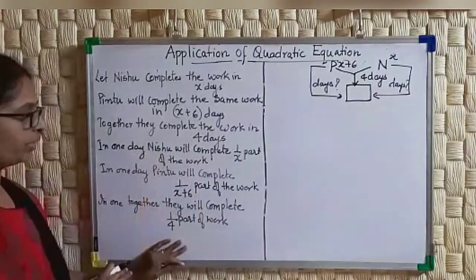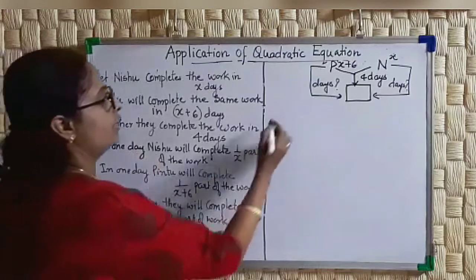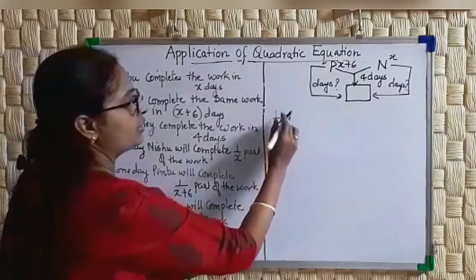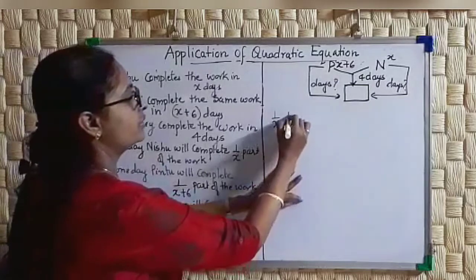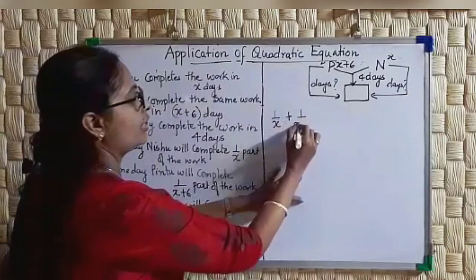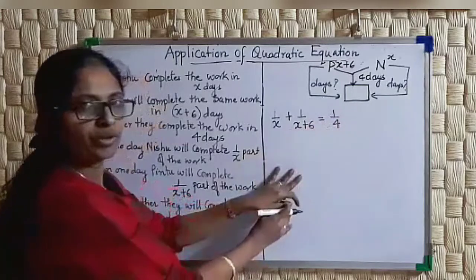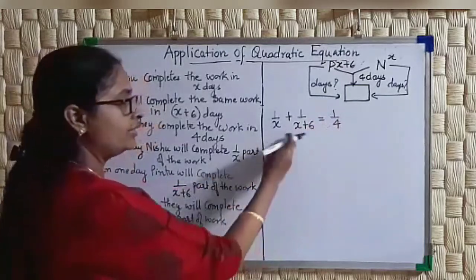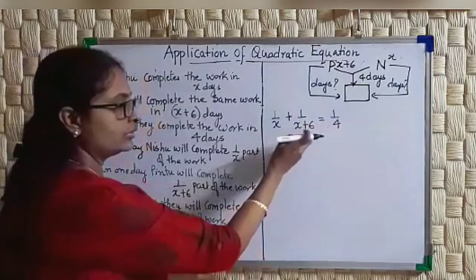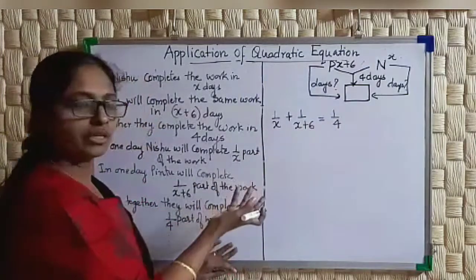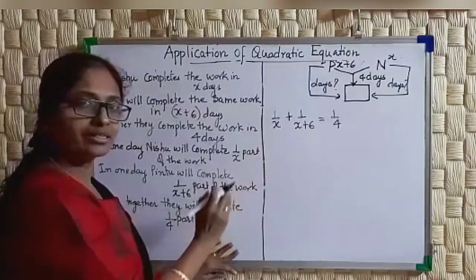Now let's frame the equation. According to the condition, 1 upon x plus 1 upon x plus 6 will be equal to 1 upon 4. Now here we have to add these two terms. For that we have to again use how we add rational numbers.